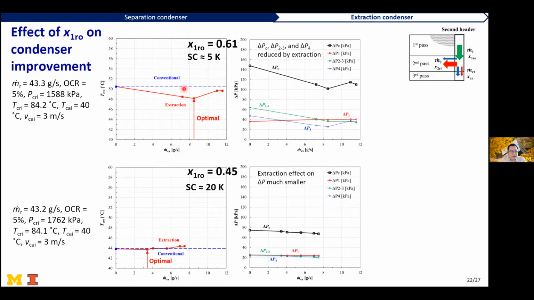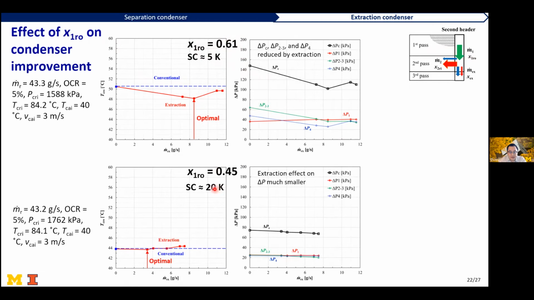So again, on the upper half of the slide, when the subcooling is around 5 Kelvin, we can see that the inlet quality to the second header is correspondingly around 0.6. The optimal flow rate is about 20% of the total flow rate.